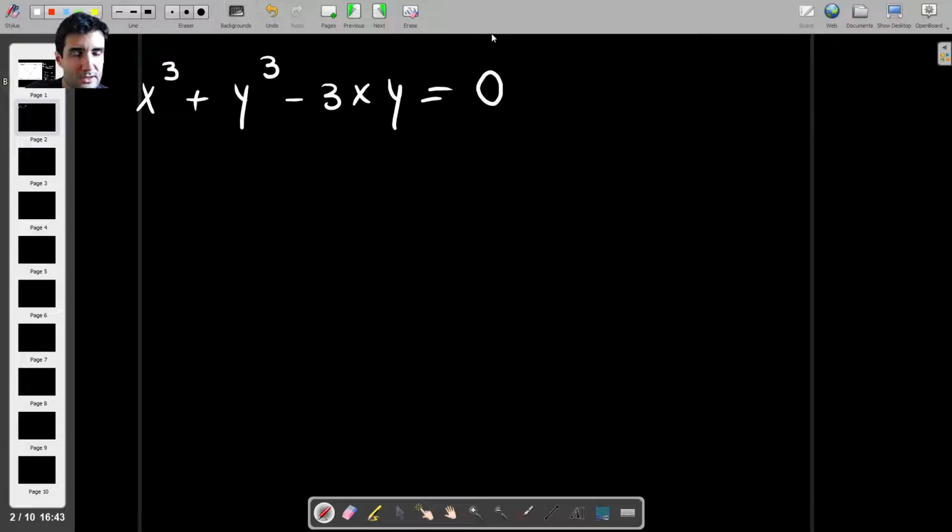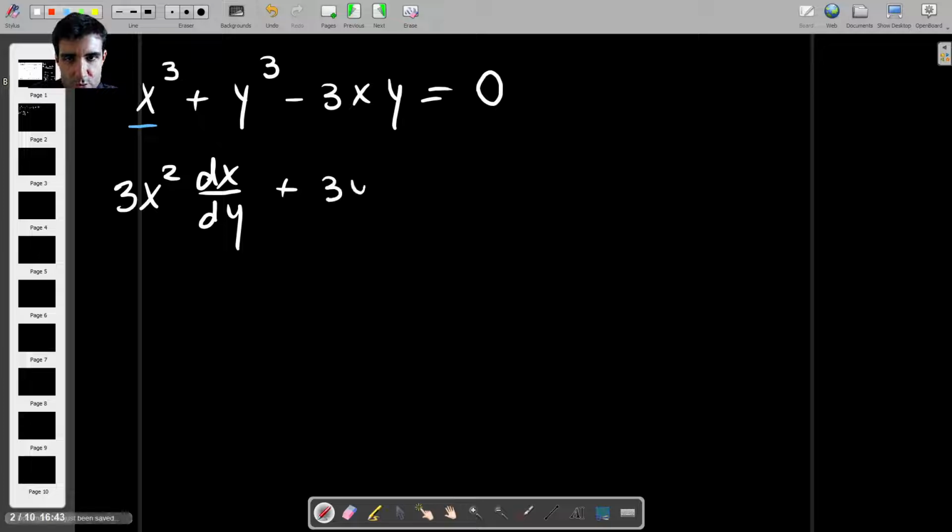If we differentiate everything with respect to y, this is what we have. We're going to have 3x squared and then dx by dy, so we're applying the chain rule: differentiating the power, and then differentiating x with respect to y. Then we have plus 3y squared, and then minus 3 times, and x and y are both functions of y, so we have to apply the product rule here.